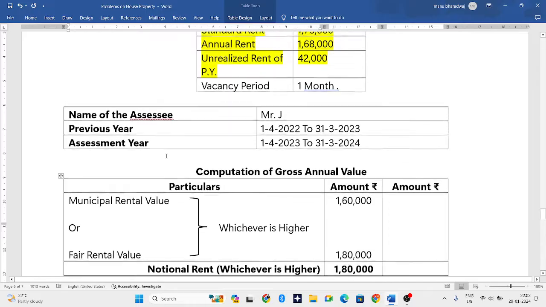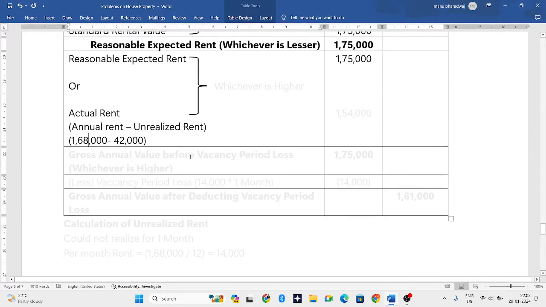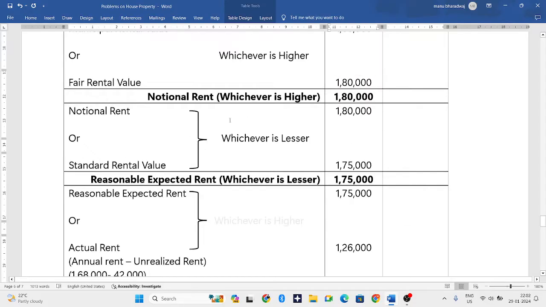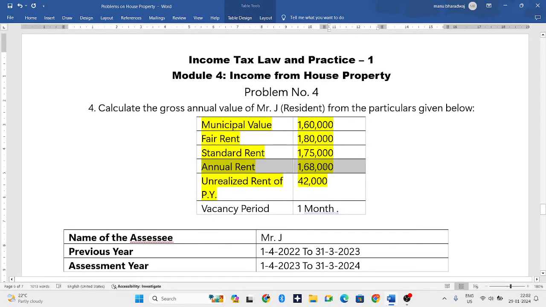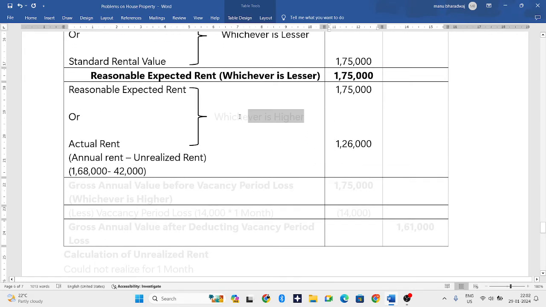They have given it in the question, the unrealized rent is 42,000. If we subtract 42,000 from 1,68,000, we will get 1,26,000. Annual rent is 1,68,000, unrealized rent is 42,000. So if we subtract both, we will get 1,26,000.